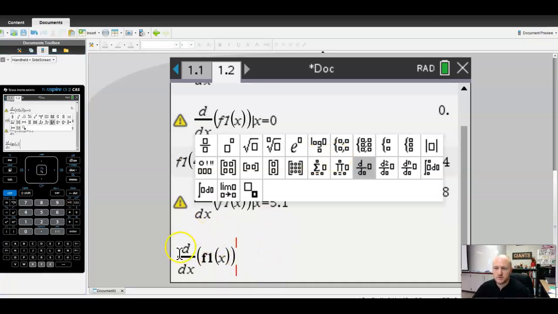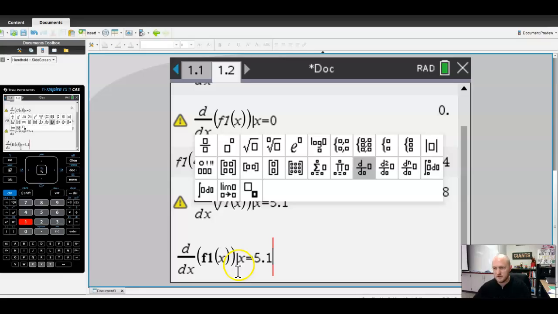So in order to tell your calculator, hey, I need to evaluate this derivative at a certain value, you need a long bar right here, and that is found underneath, a secondary function to the equal sign. So you hit control equals, and then it's right here. Or you can use on your keyboard shift backslash, which is also the vertical line. And then we just say, okay, at what x value?